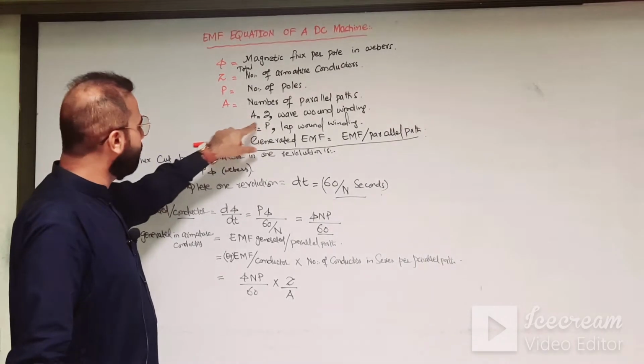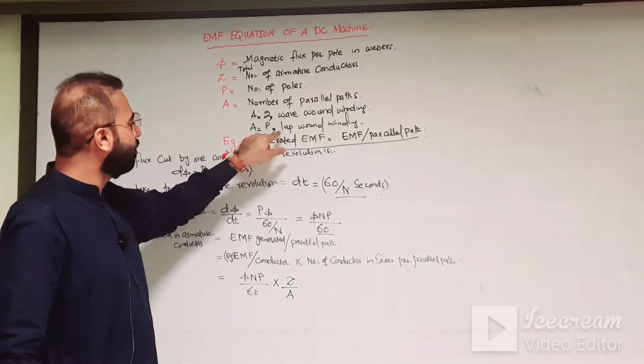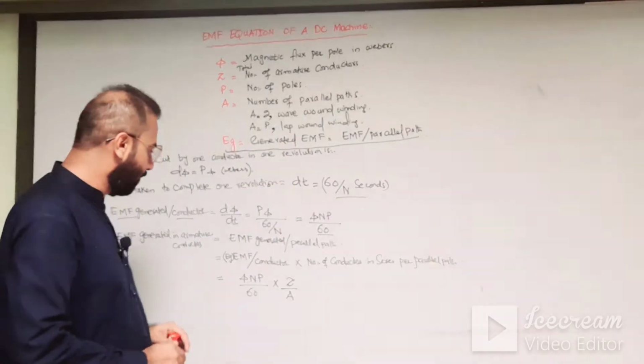A is equal to 2 for the wave wound DC machine, and A is equal to P for the lap wound DC machine.